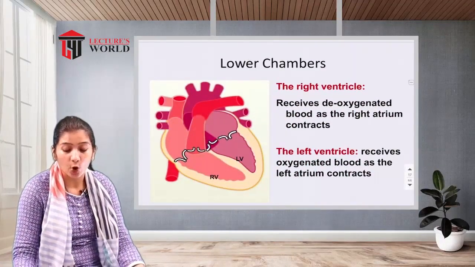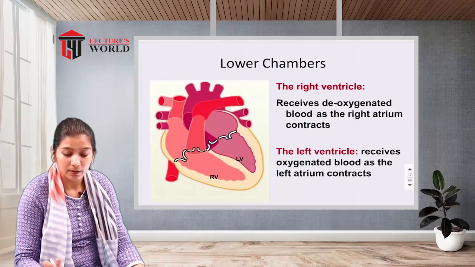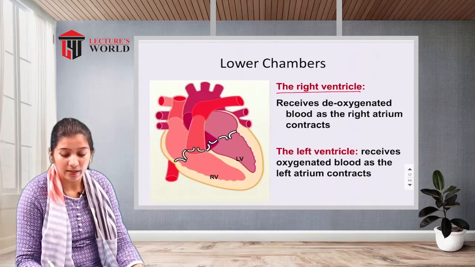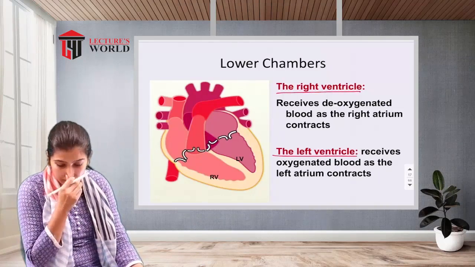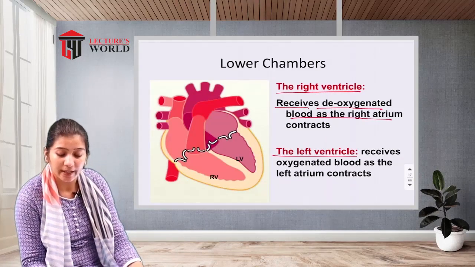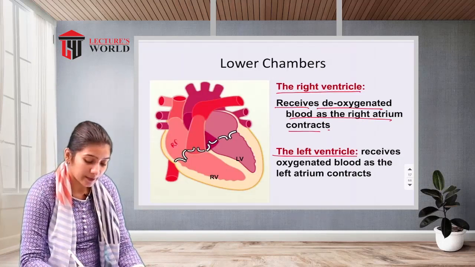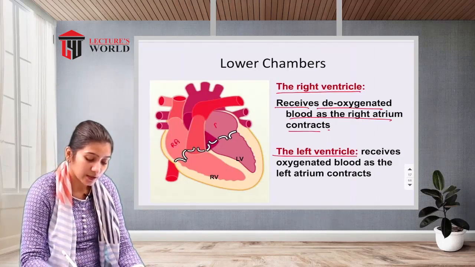Next are the lower chambers. What is the function of the lower chambers? The right ventricle and the left ventricle. The right ventricle receives deoxygenated blood as the right atrium contracts. Okay, so this is the right atrium and this is the left atrium.